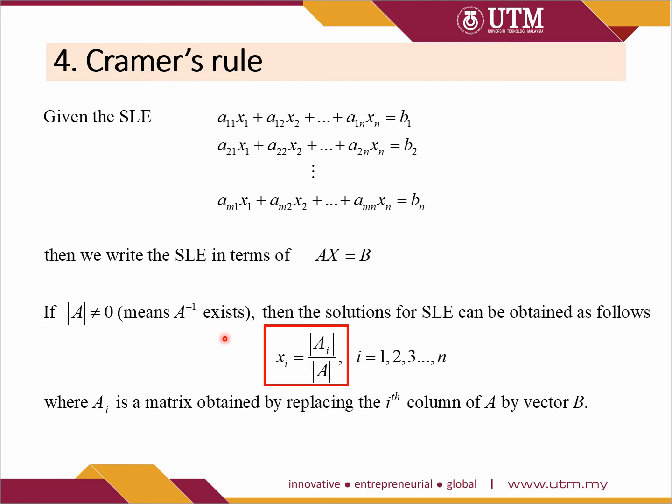Then the solution for the system of linear equations can be obtained using Cramer's rule, where the formula is xi equals the determinant of matrix Ai divided by the determinant of matrix A, where matrix Ai is a matrix obtained by replacing the ith column of A by vector B. So if we have three variables, x1, x2, and x3, we need to find the determinants of A1, A2, and A3.